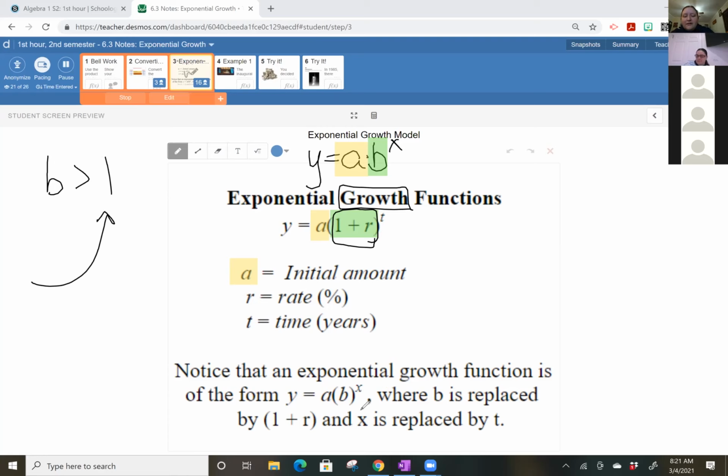Also notice that the variable, we're not going to type x. We're going to type t because time. We're going to measure things in time. It could be years, it could be weeks, it could be months. So just keep that in mind when we get into these problems. So let's get into an example problem to break it down a little bit.